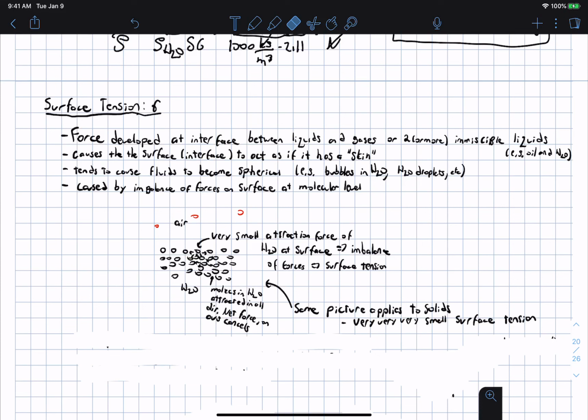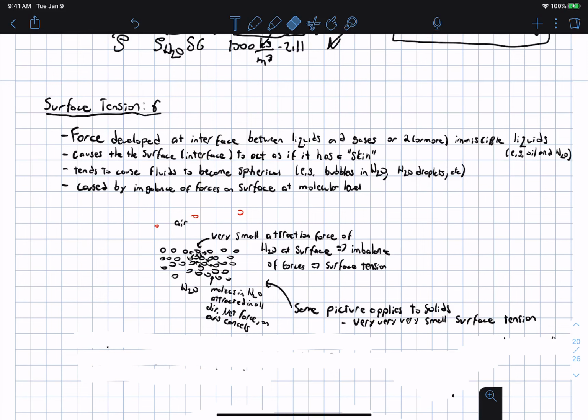And what causes it to have more of an influence on fluids is the fact that a solid can withstand that stress without deforming, or deforming on the order of a couple nanometers or something like that, if that. But for a liquid, the imbalance in surface tension will cause the fluid to deform until it maintains some sort of equilibrium shape, and that is normally a sphere.